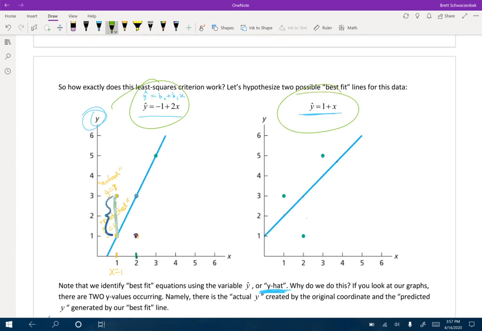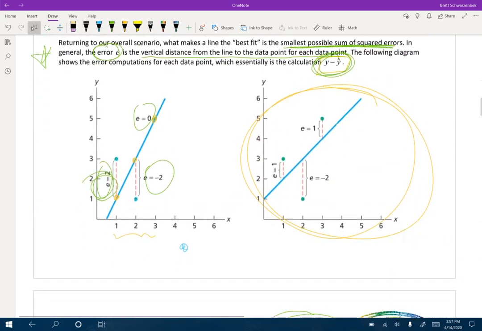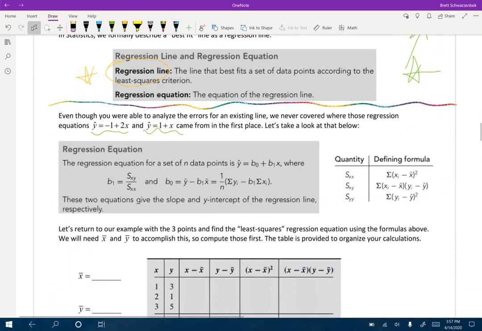To be honest with you, I actually did the calculations for the least squares, and these two were the two best fitting lines in terms of a least squares criterion. So I used them as an example. But where did those lines actually come from? How do you actually calculate a regression equation from scratch?